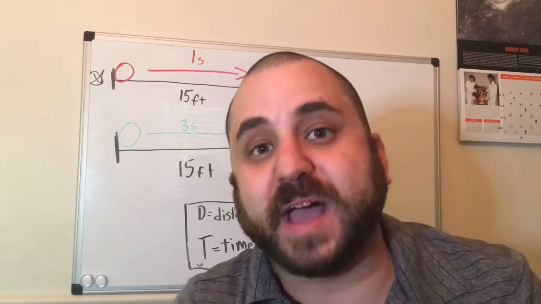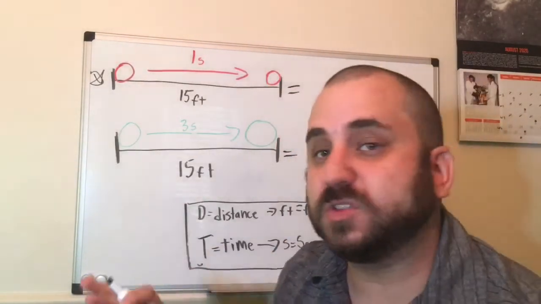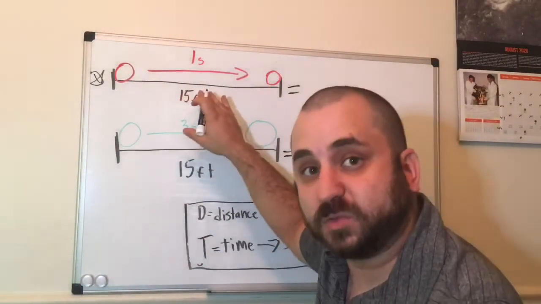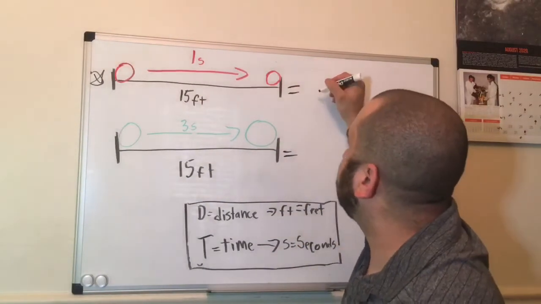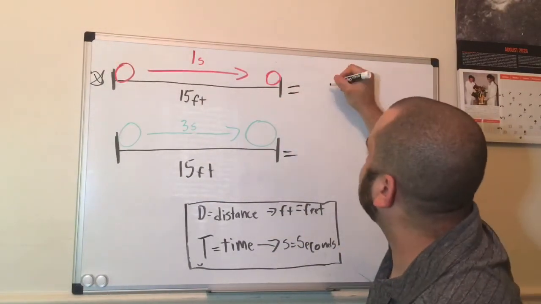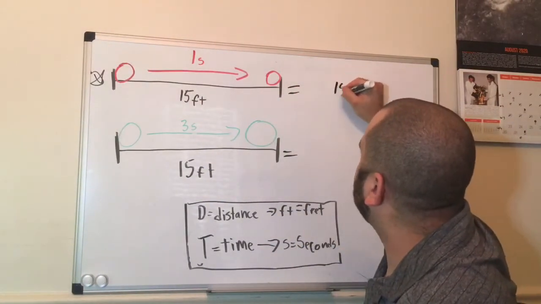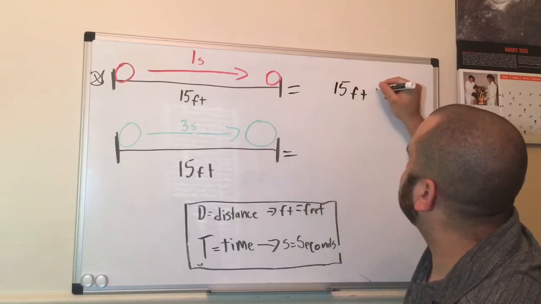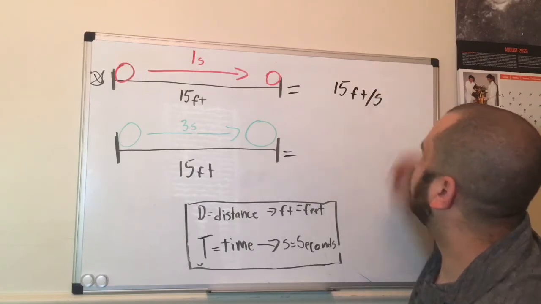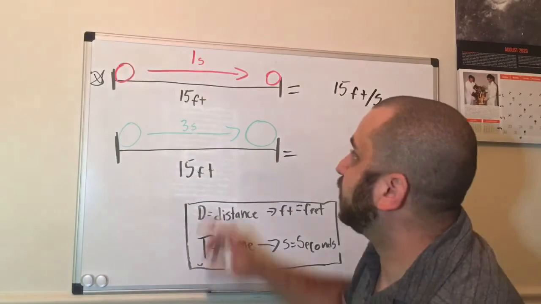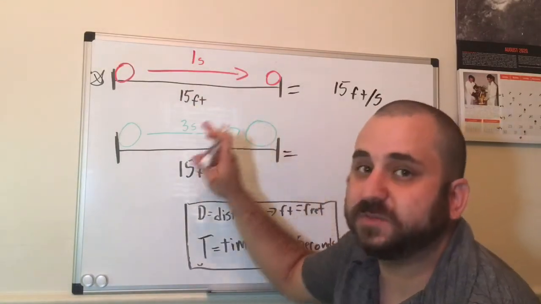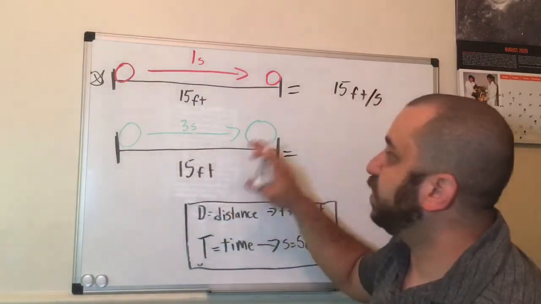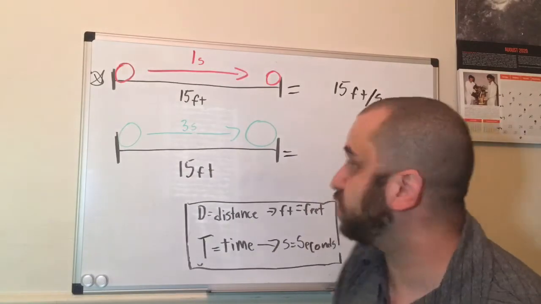Okay, welcome back. So, if you did the calculation to find out that the red ball was faster, then you would know that the red ball was traveling at 15 feet per second, okay? Because in 1 second, it traveled 15 feet. Now the green ball, in 1 second, how many feet did it travel?